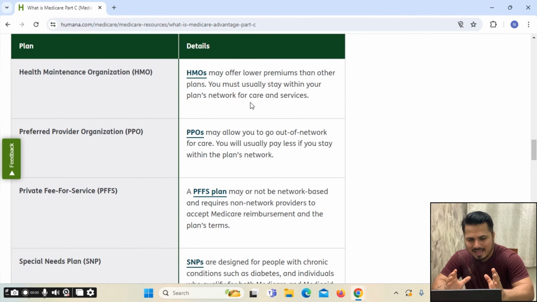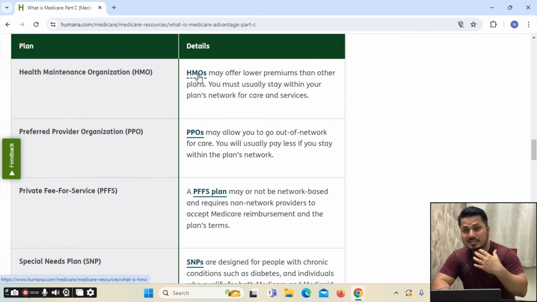Here is Health Maintenance Organization, which is also called HMO plans, guys. Remember, whenever I say HMO, that is Health Maintenance Organization plans. Now here, the details: HMO plans may offer lower premiums than other plans. You must usually stay within your plan's network for care and services.